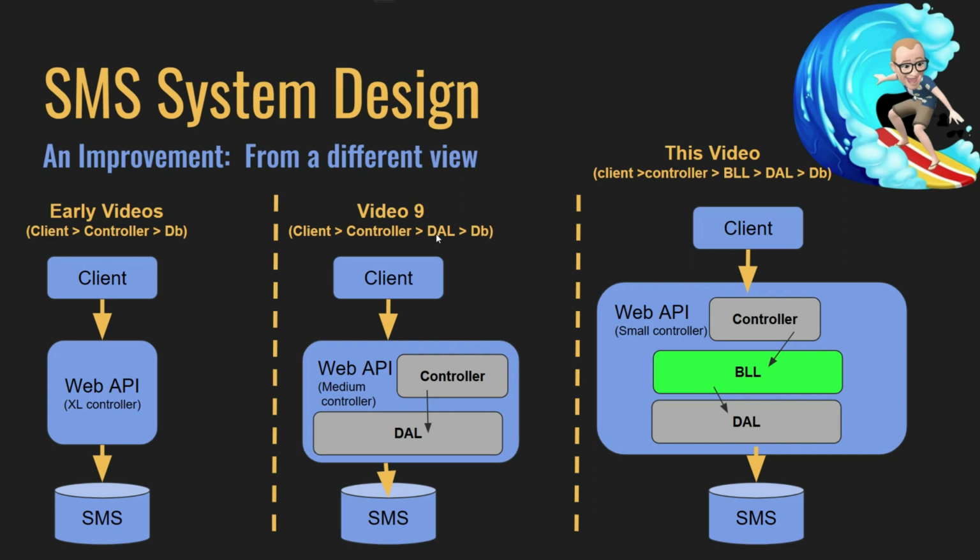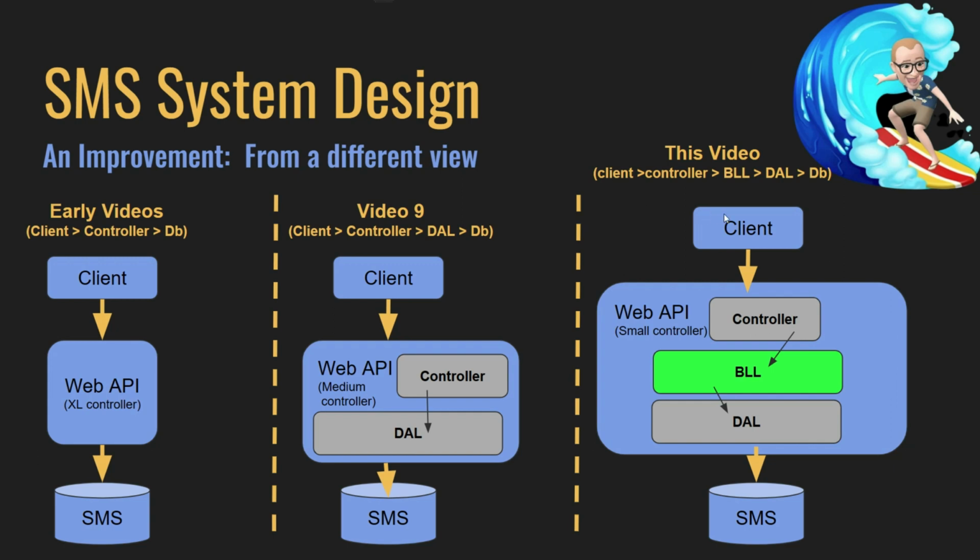Then the data access layer issues a query to the database and then flows the message all the way back to the client. So we've introduced a separation of concern by introducing a DAL level that gets called by the controller. So in this video, what will happen is we add an extra layer of separation, which is the BLL.